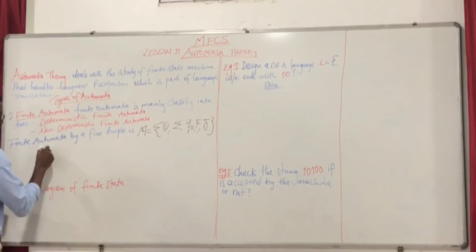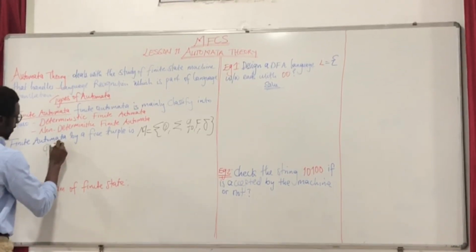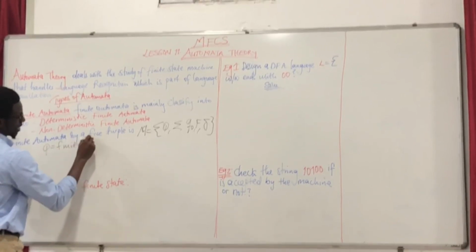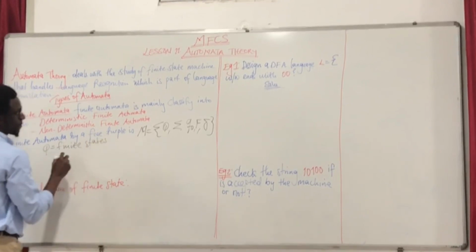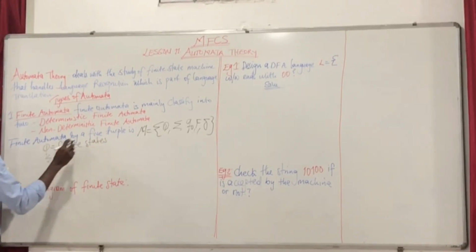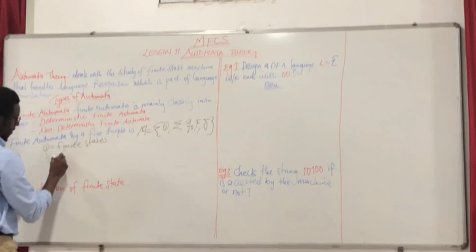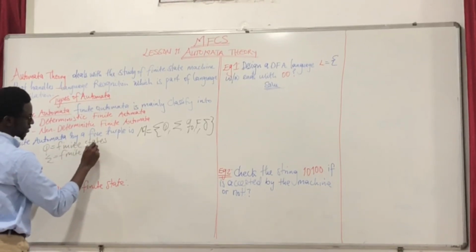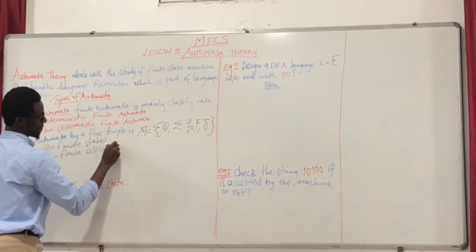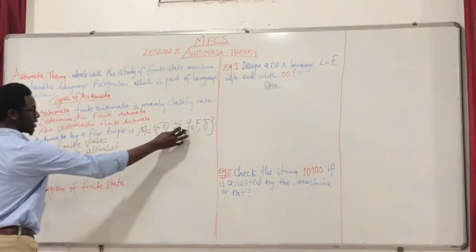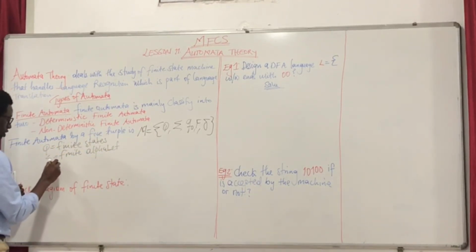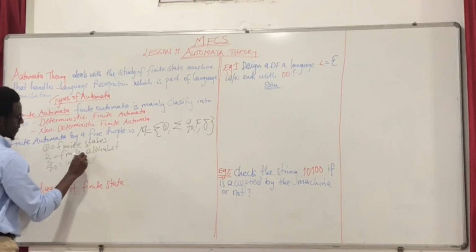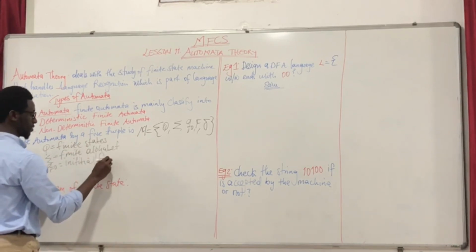So our Q is our finite states. This is our alphabet, the finite alphabet. Then this is our initial state, Q naught, the initial finite state.